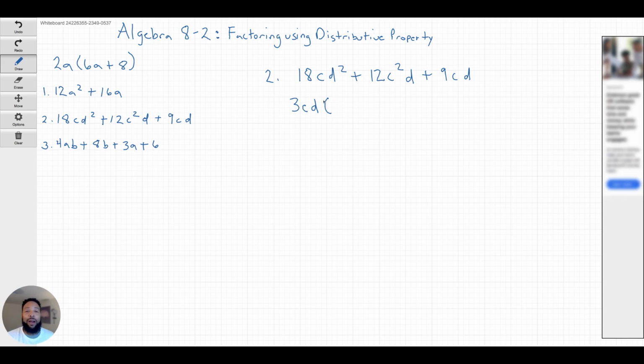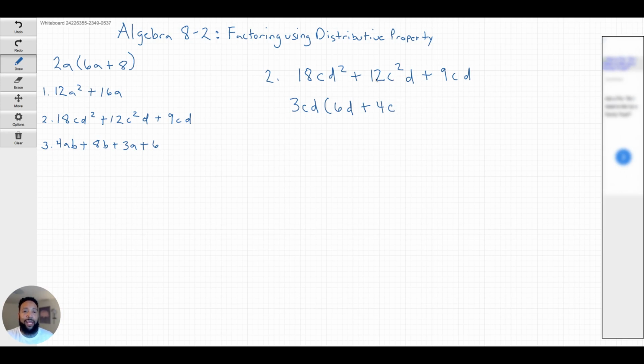Now let's talk about what we have left. What we would have left is 6d, because 3 times 6 is 18. We pulled out our c, and then d times d is d squared. So we're left with 6d plus 4c, because we've already pulled out a c, we are left with 1c.